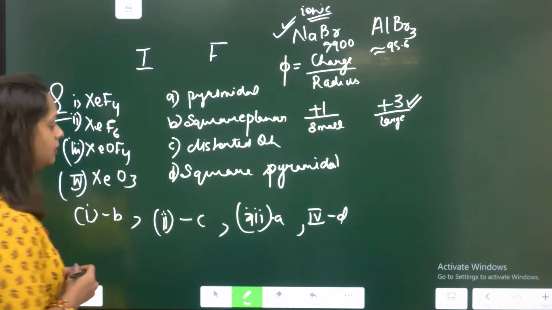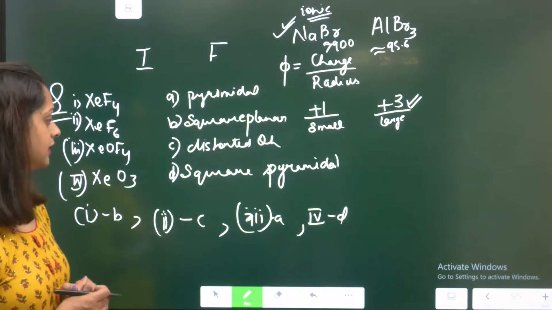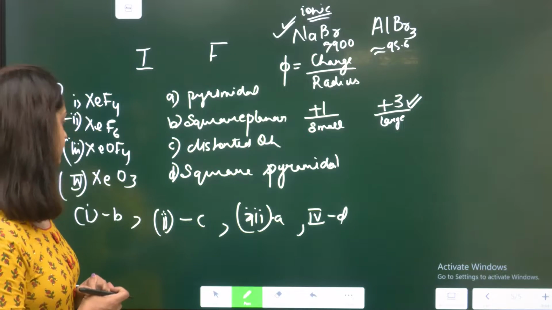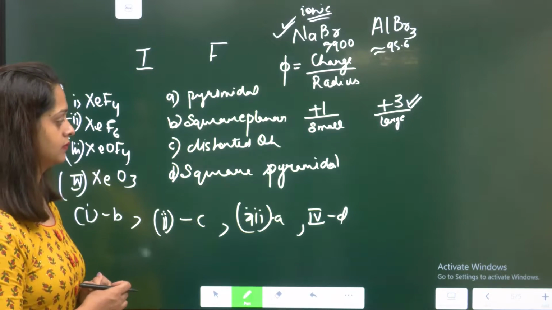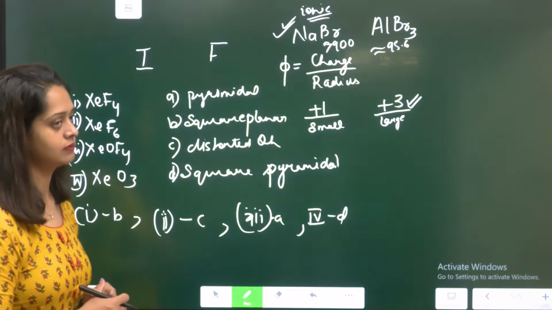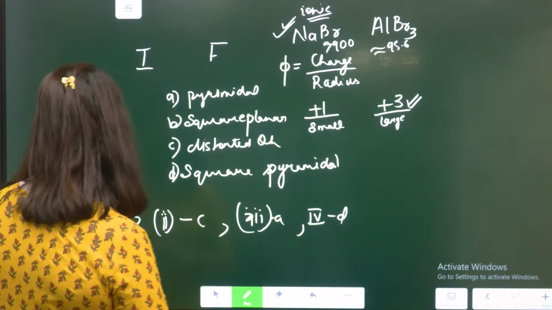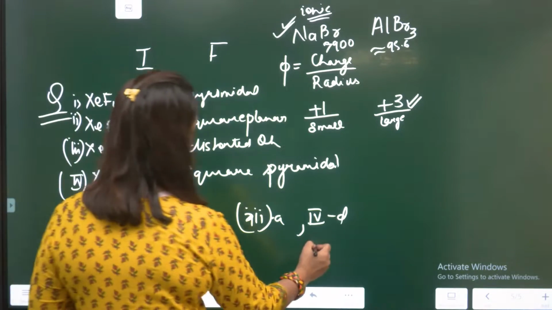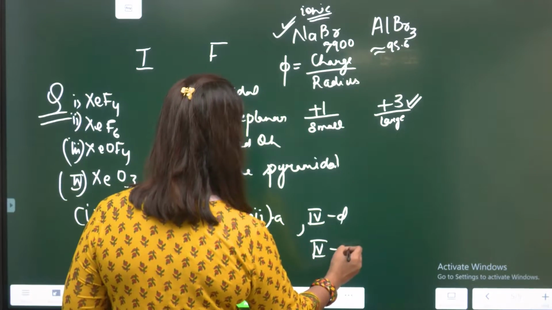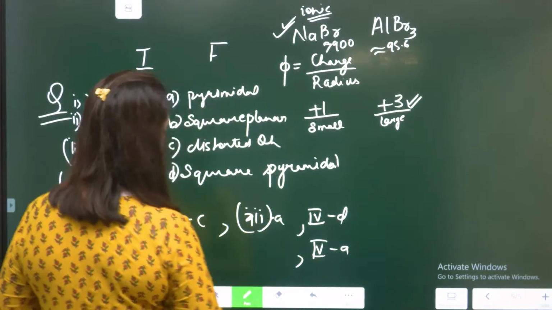What about you, Shanmukha? Are you agreeing? Ankit, are you agreeing with this? Ma'am, 4th is A. Okay, I'm getting another answer. 4th is A. Then what about the rest of them?